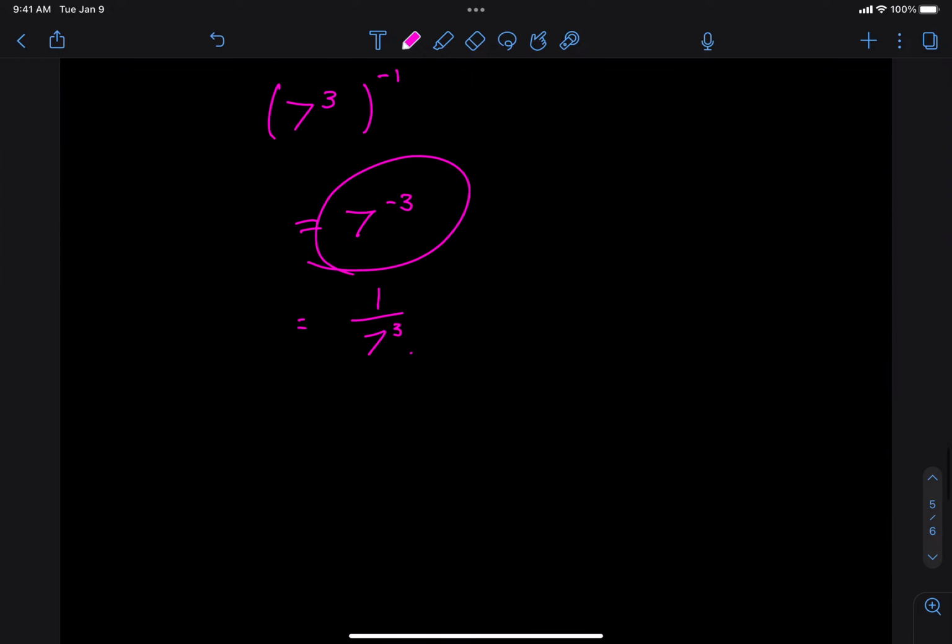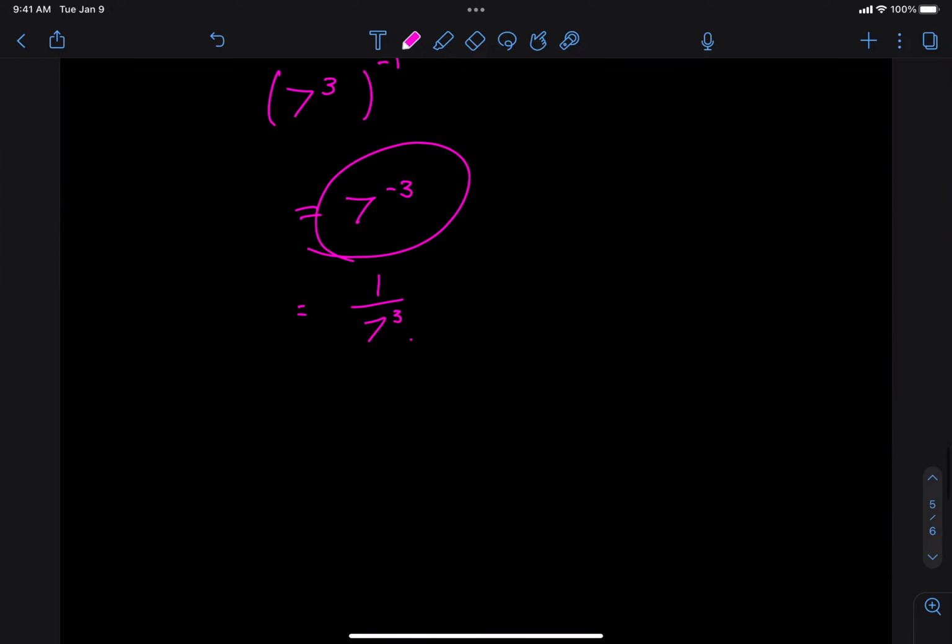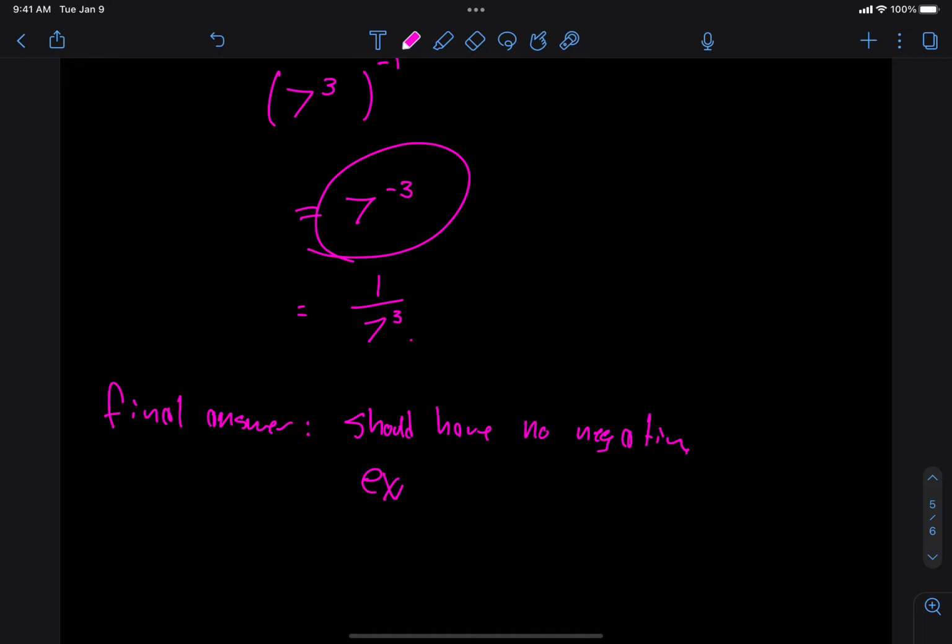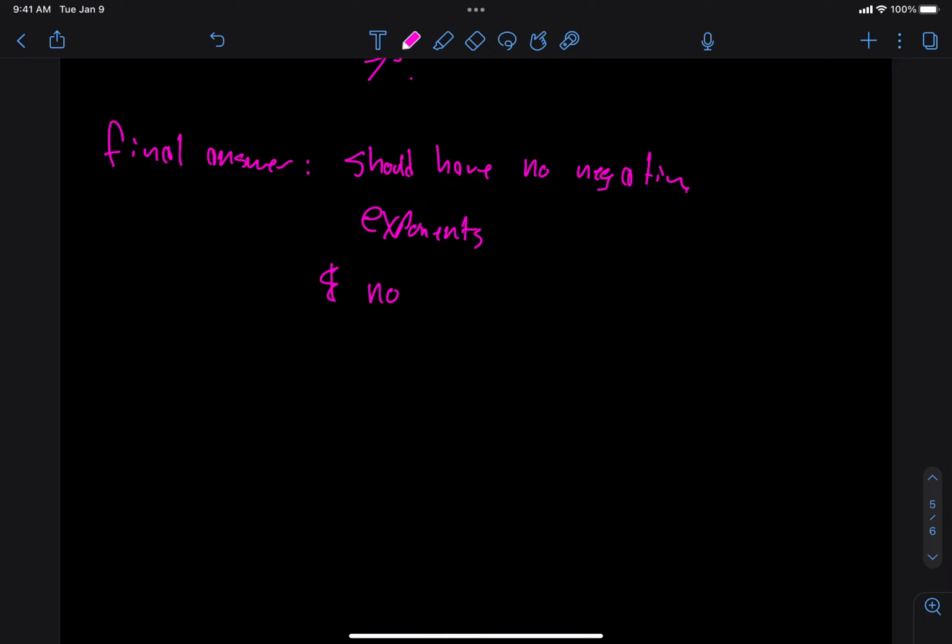There are some rules which we should always obey, namely our final answer should have no negative exponents and no fractional exponents in the denominator.